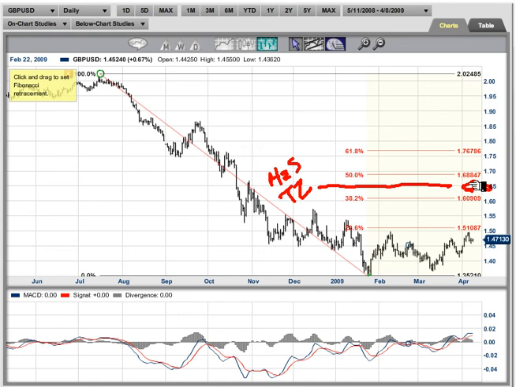But the reality is, with our trade triangles in a plus 55% position, we're in a trading range. And this trading range is either going to break out on the upside or it's going to break out on the downside. And at the present time, it would appear that the odds would favor the upside. And here's why.